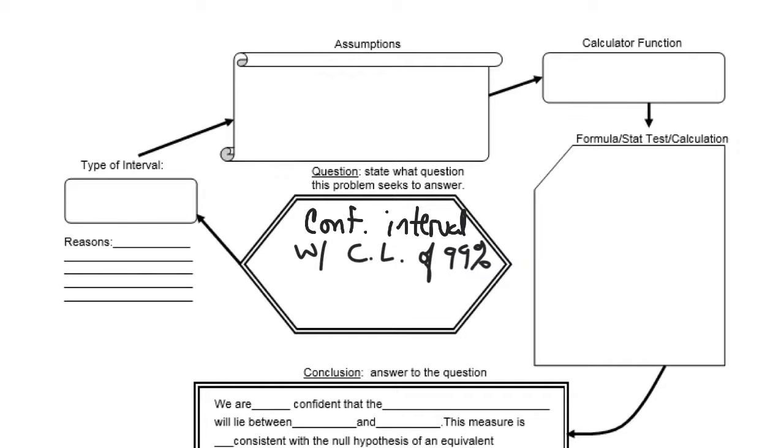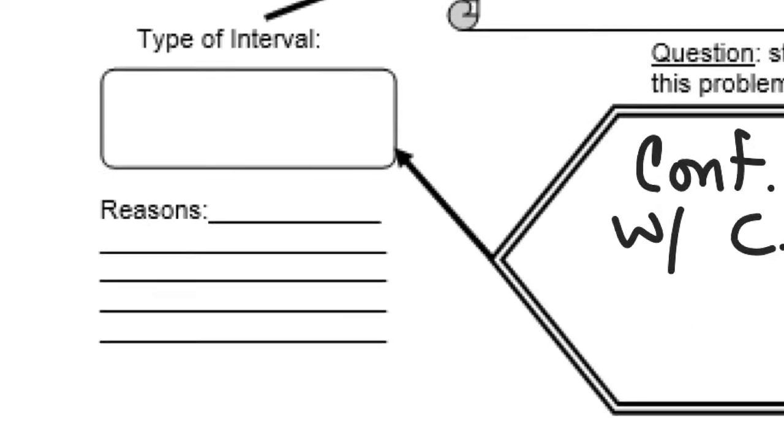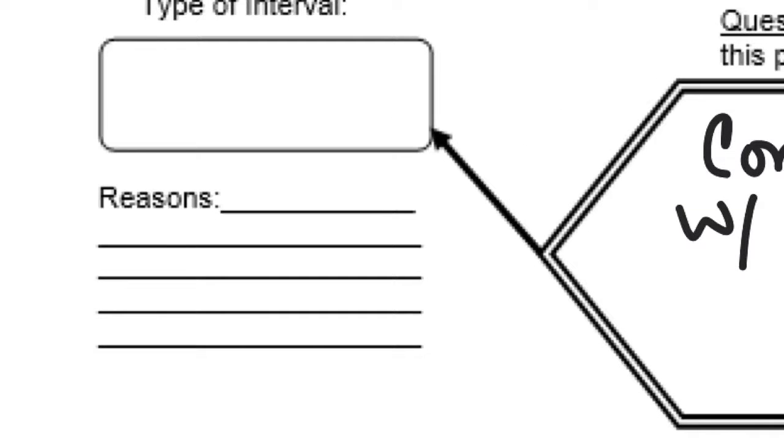That's all the question's asking us for. Talking about means, and they told us s, not sigma. So we're testing a claim about a mean. Even though it's not a hypothesis test, we're still testing.